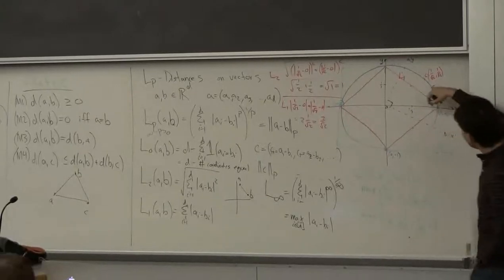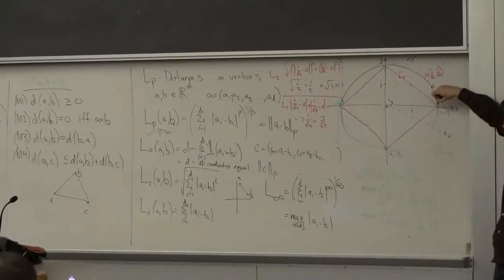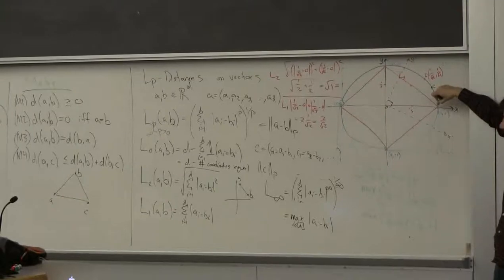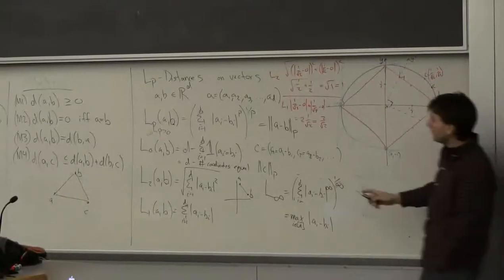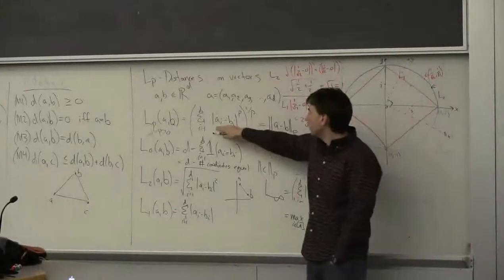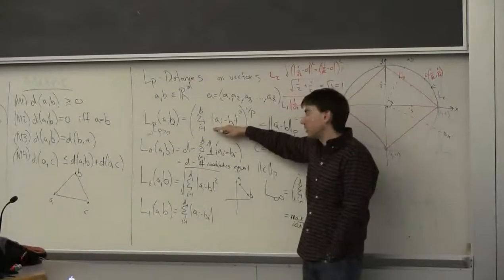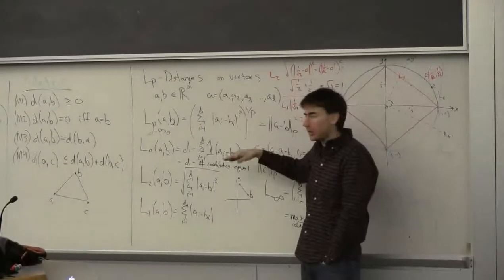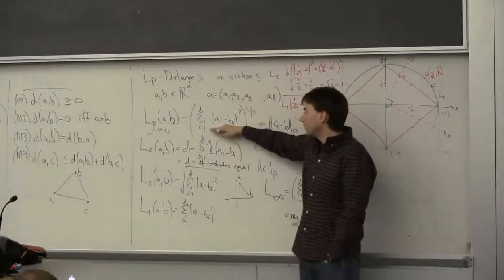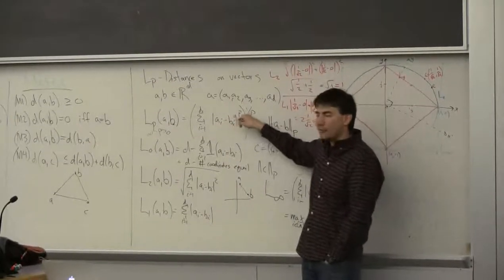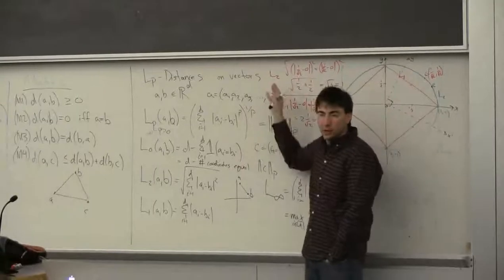Now, it's still going to include these points here, on these axis points. Because there are two coordinates, one of them is 0, so taking it to a power doesn't do anything. The other one, the distance is 1, I take it to a power 1/2, then I square it again, so I get 1 back.